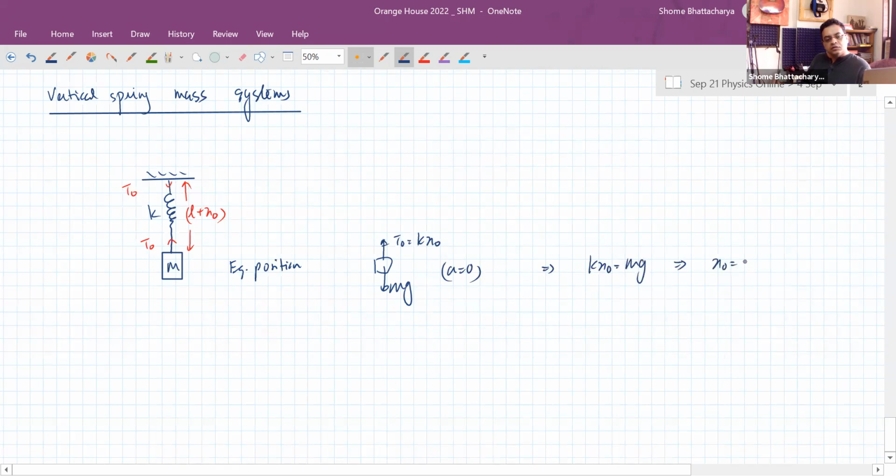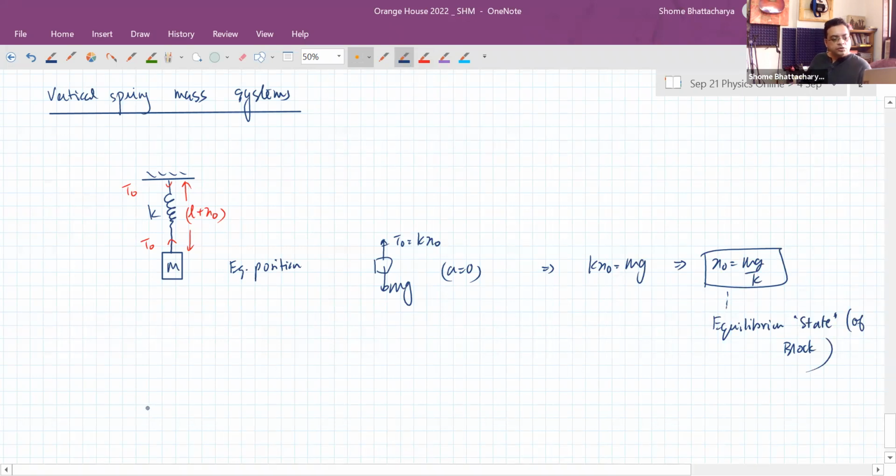So this is not the initial extension here. This is the equilibrium state of the block. Okay.